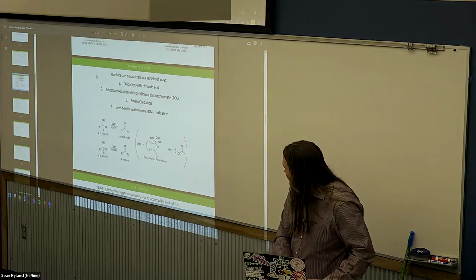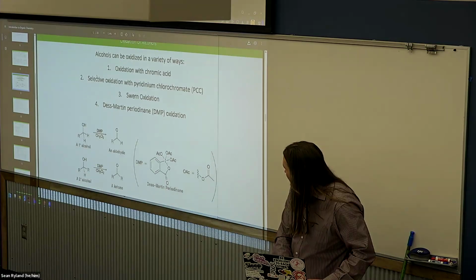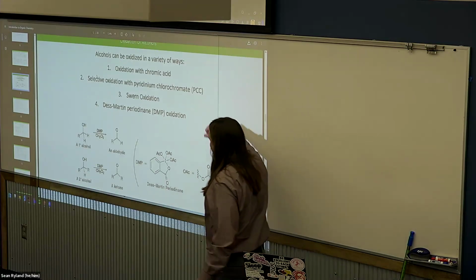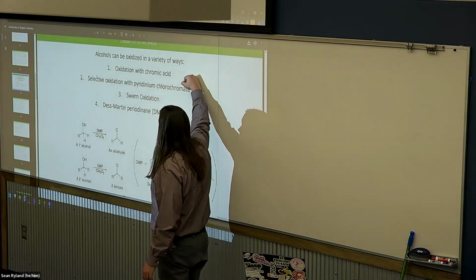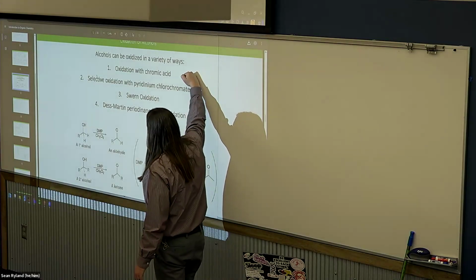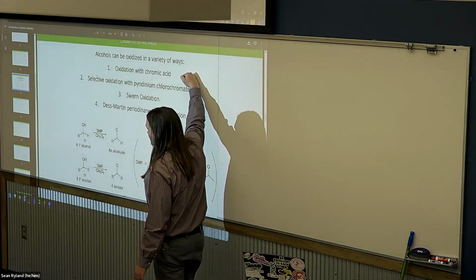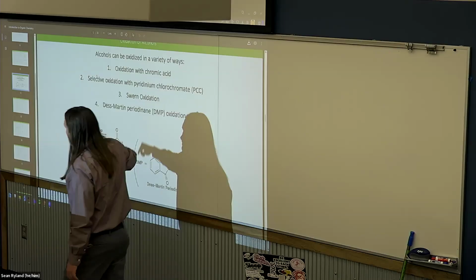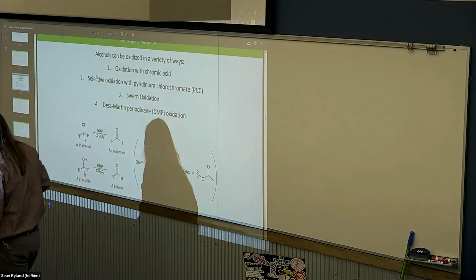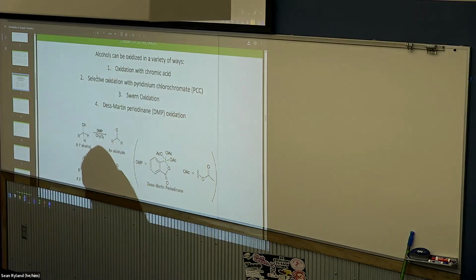The Swern oxidation, that's the one I was talking about. So these are the 4 that I was thinking you would use. You can do oxidation with chromic acid. Oh, sorry, the one you showed me, that was a reduction. There were 2 reductions.